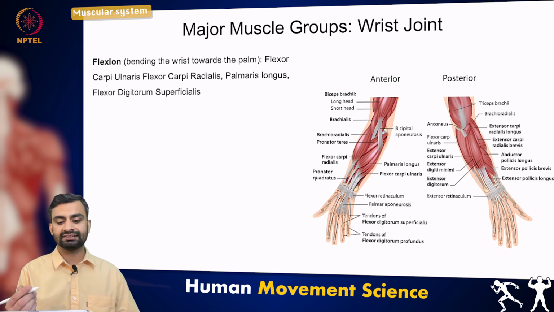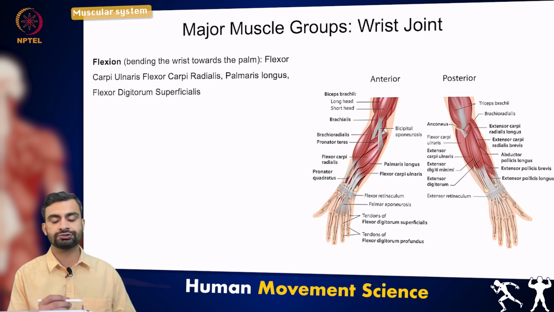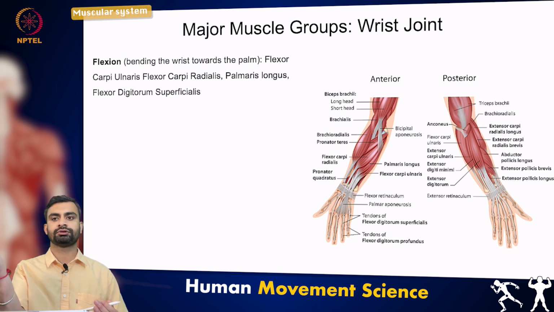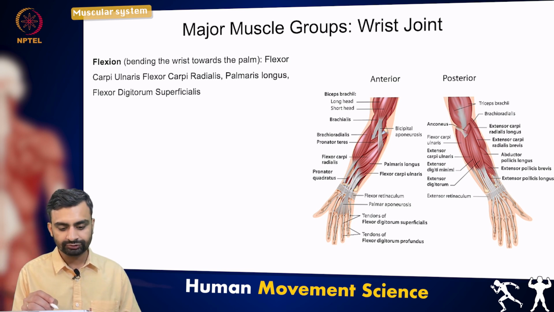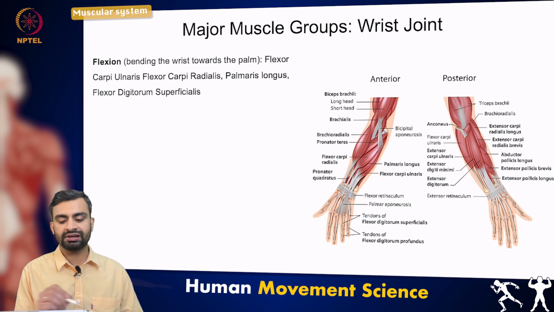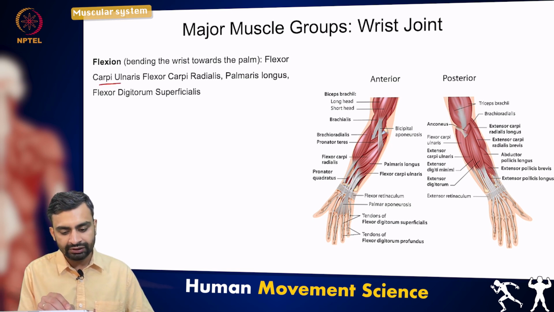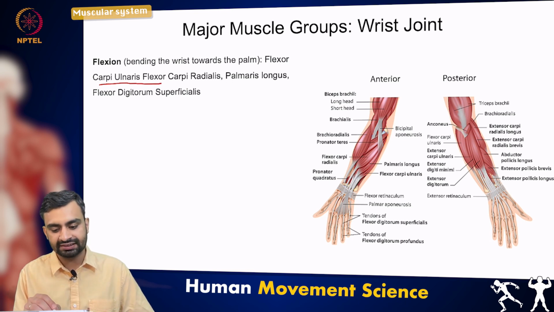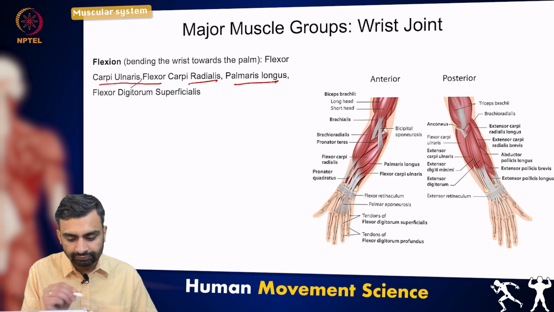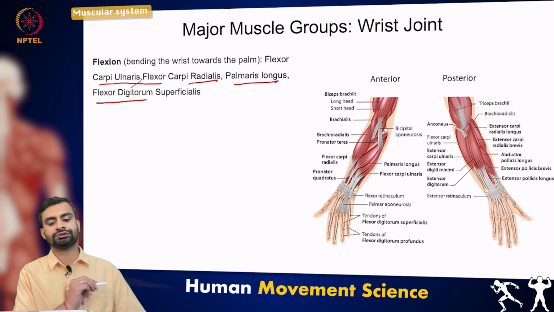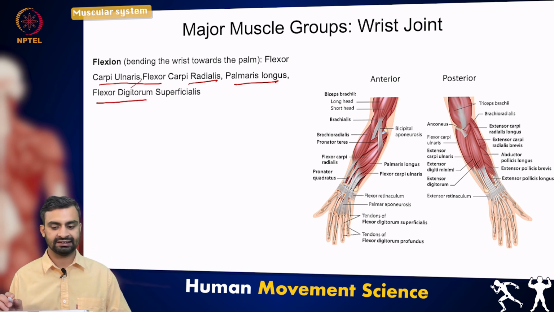Flexion at the wrist, that is bending of the wrist towards the palm, is being produced by flexor carpi ulnaris, flexor carpi radialis, palmaris longus, flexor digitorum superficialis.